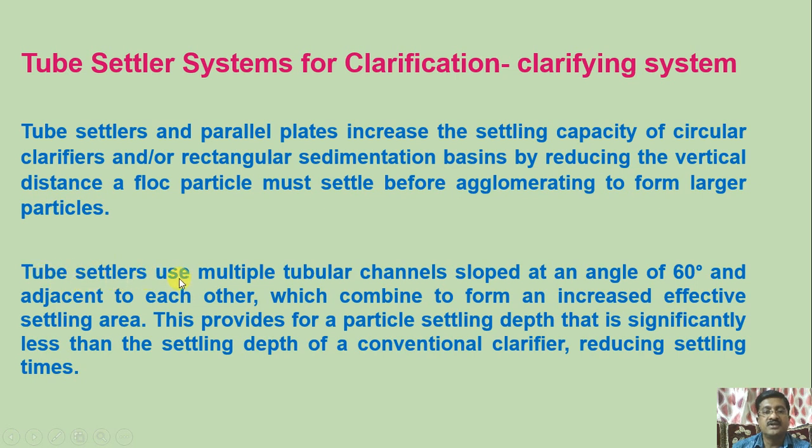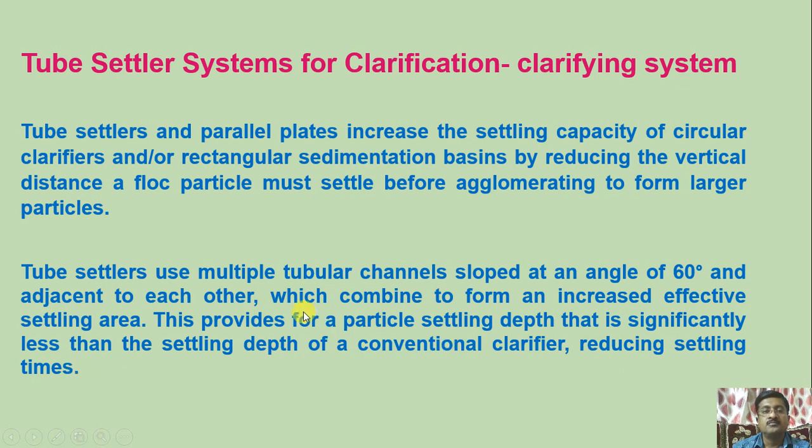Tube settlers use multiple tubular channels sloped at an angle of 60 degrees and adjacent to each other, which combine to form an increased effective settling area. This provides a particle settling depth that is significantly less than the settling depth of a conventional clarifier, reducing settling times.